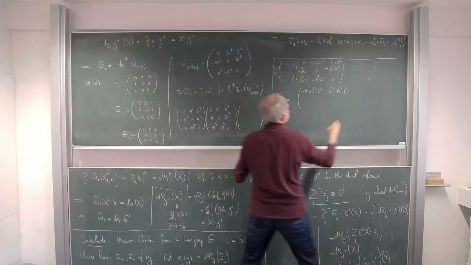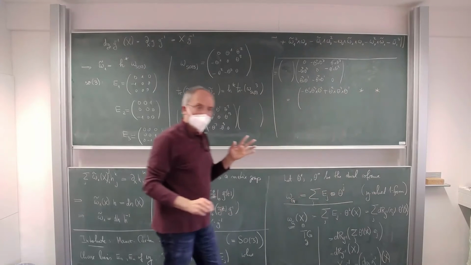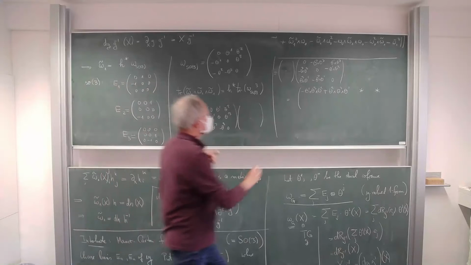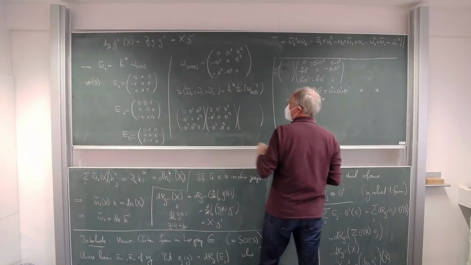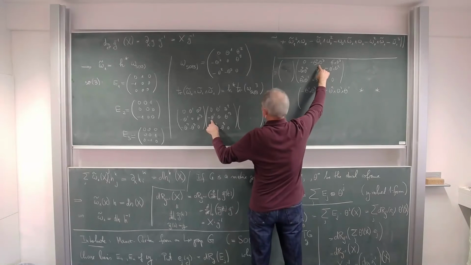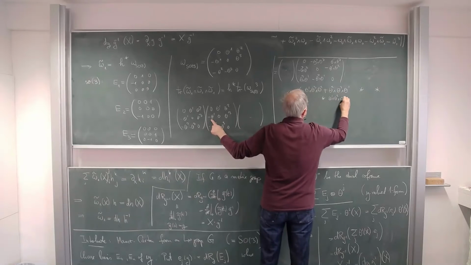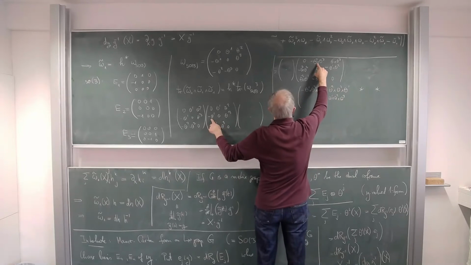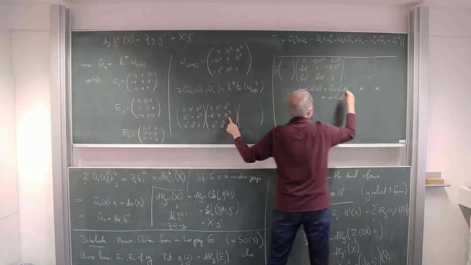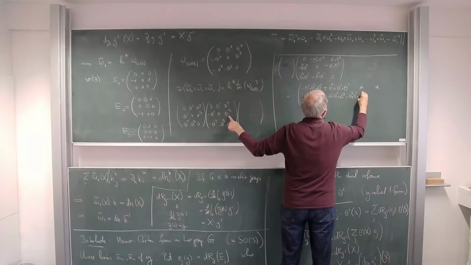And this term I'm not interested in, because I'm going to trace it anyway. Okay, so let's see this one. This gives me minus, minus is plus. Then I have theta 1 wedge theta 2 wedge theta 3. Well, for this one, that's 0. And here minus theta 3 wedge theta 2 wedge theta 1.